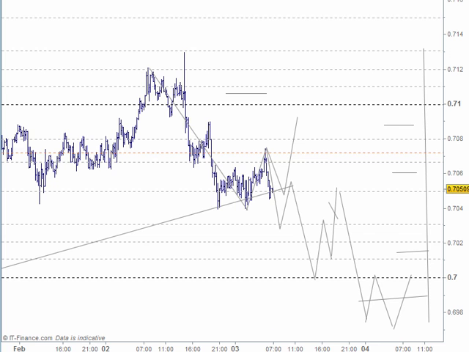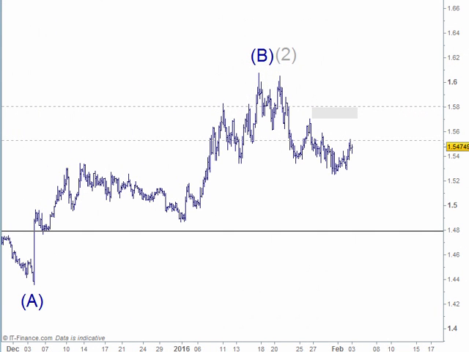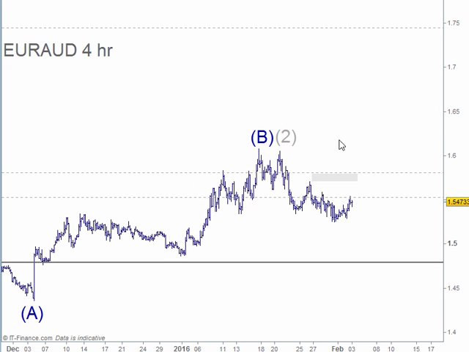The other one that I wanted to have a quick look at, let me just find it, was this one here actually. This is the Euro Aussie. It's interesting in that from here it appears that we've got a 5-wave structure down through here, so we can get a reasonable bounce back up here, okay?